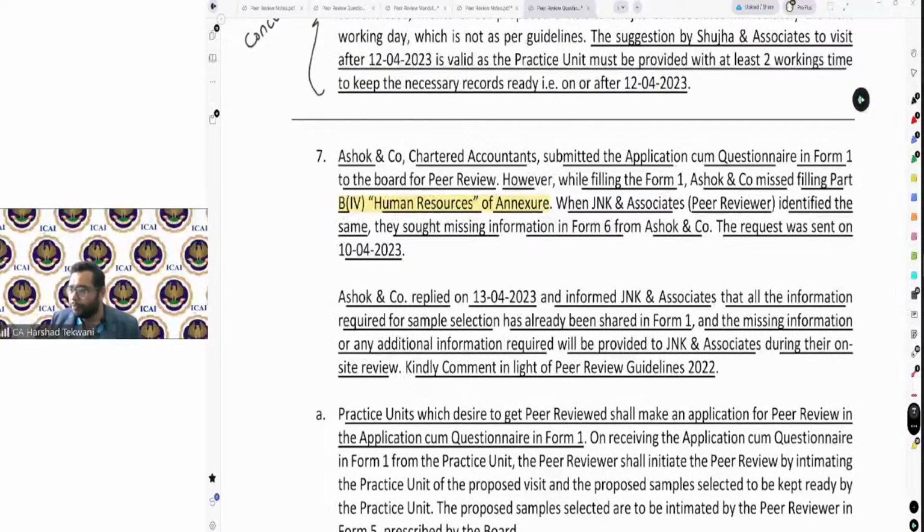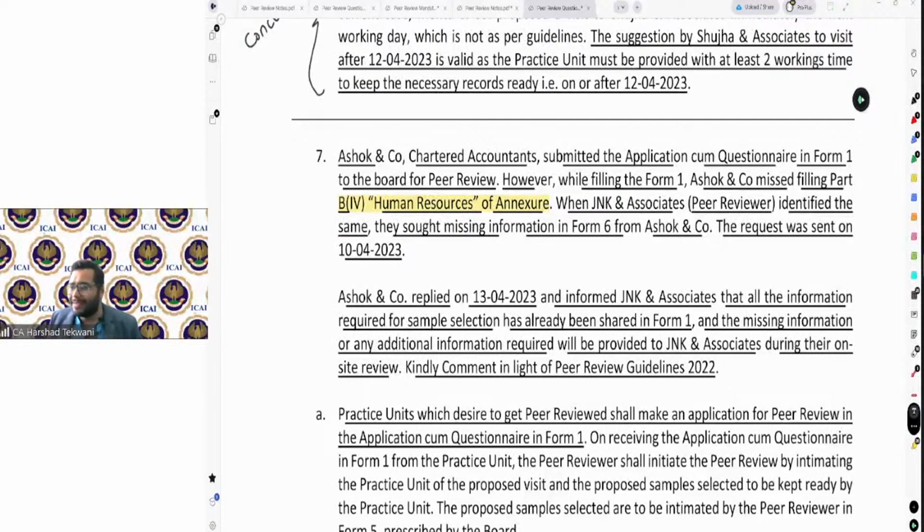Now, if they do not adhere to a request, then there are ways by which information can be sought. But having said that, there is a way to get an extension also.